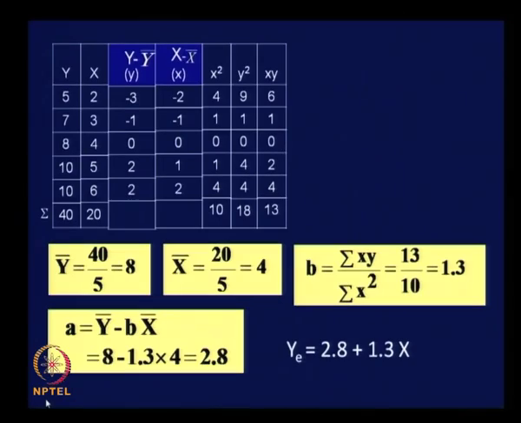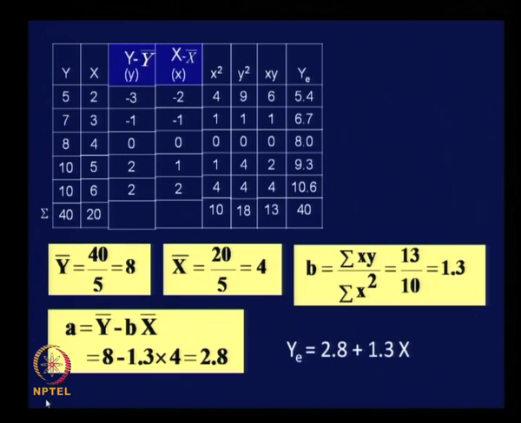So let us try to get the value of y based on regression, which is ye. If you substitute the value of x for each observation in the equation, you get the value of ye as 5.4, 6.7, 8.0, 9.3, 10.6 and the sum 40, isn't it, against the observed values. You just have a comparison.